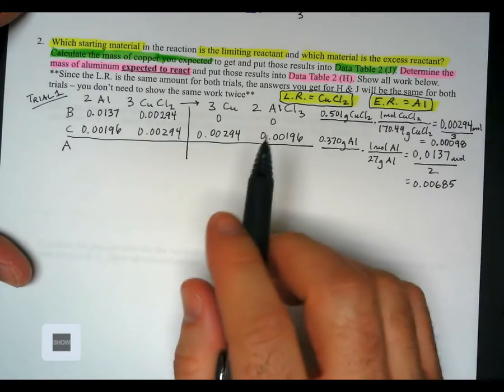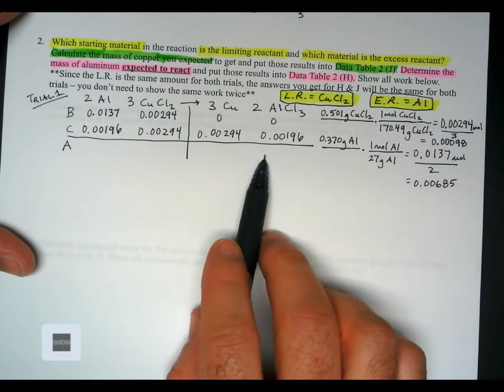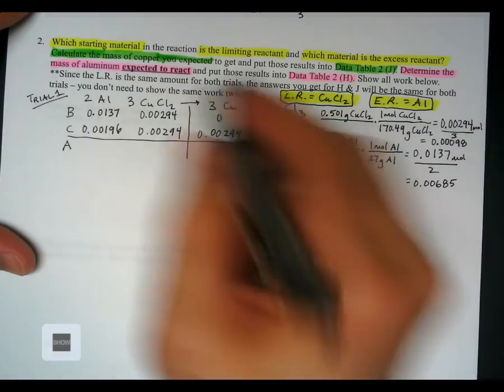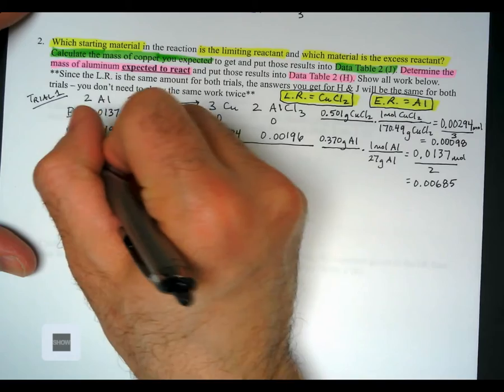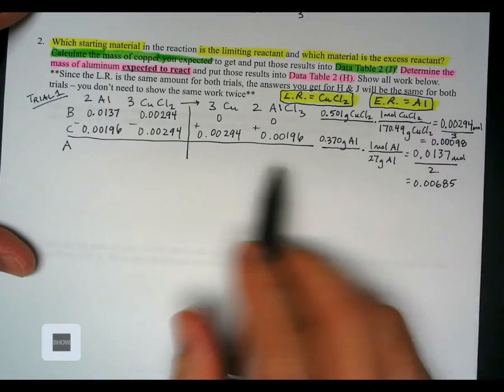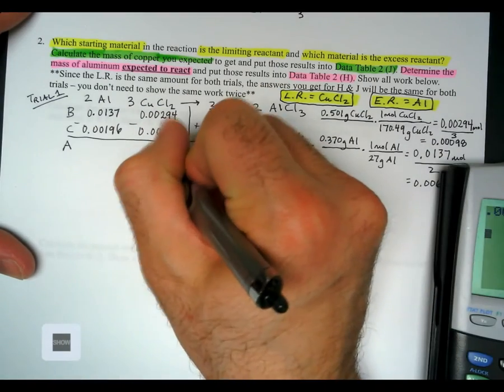So let's do our after row. Anybody remember what we do for that? Yeah, Jay. You subtract the reactant. Okay, subtract reactants and then add the products. Good. So our reactants, so this, the second one, this one should be 0.